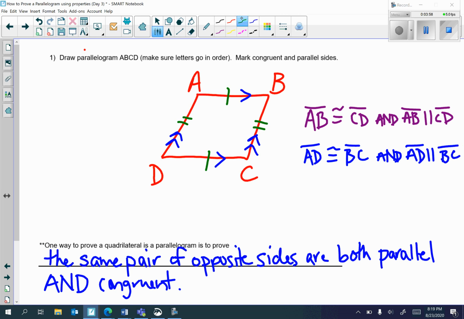Notice that we use the same letters twice, AB, AB, CD, CD. The only thing that changes are the symbols in between, congruent, parallel. Notice here, AD, AD, BC, BC, congruent symbol, parallel symbol. So, to prove that it's a parallelogram, you have to prove the same pair of opposite sides are both parallel and congruent.